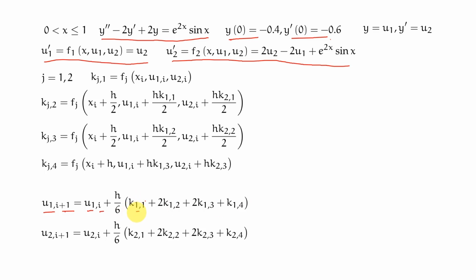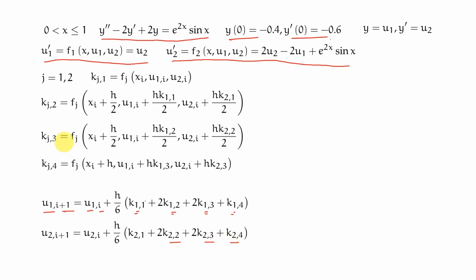All these are coming from k11, k12, k13, k14. Similarly, for u2 i plus 1, I'll have u2i plus h by 6 times (k21 plus twice k22 plus twice k23 plus k24).